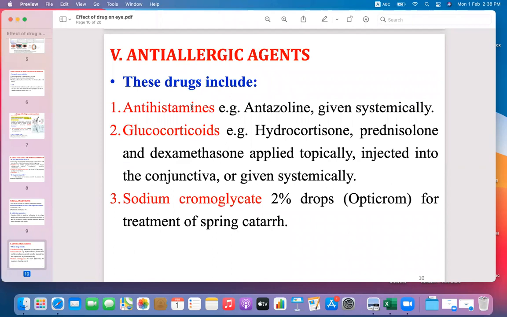Glucocorticoids, because corticosteroids have anti-inflammatory effects: hydrocortisone, prednisolone, dexamethasone are applied topically, also injected into the conjunctiva or given systemically. And sodium cromoglycate, which has antihistaminic property, is also used in the treatment of spring catarrh.